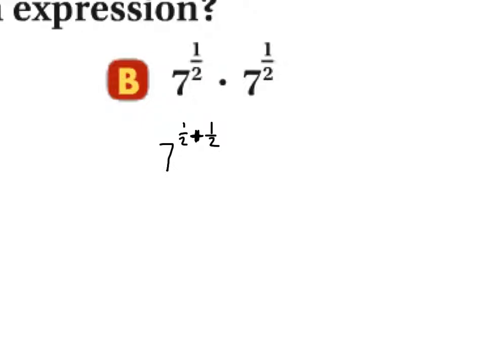So what is 1/2 plus 1/2? 1/2 plus 1/2 is 1. If I have half a candy bar and you have half a candy bar, together we have 1 candy bar. So we have 7 to the 1 power, or just 7.